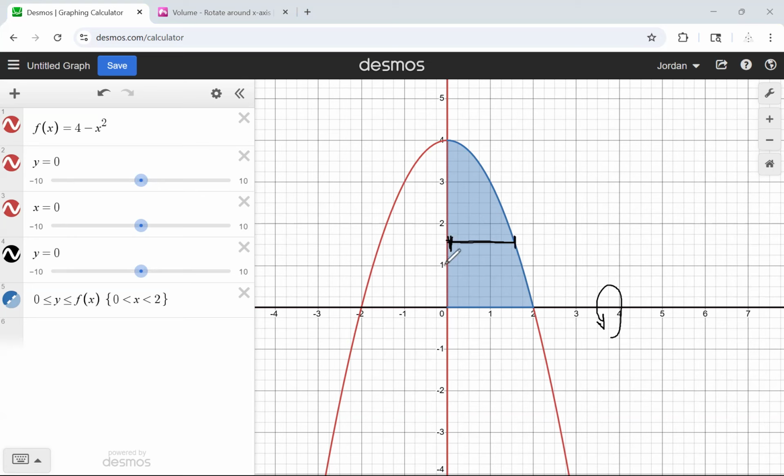My y-axis is x equals 0. The radius is going to do that, the radius of the shell. So the height of the shell is the height of this rectangle, and the radius of the shell, which we call rho, is going to go from an arbitrary value now on the y axis, so some arbitrary y value, down to the line I'm rotating it around, which is y equals 0.